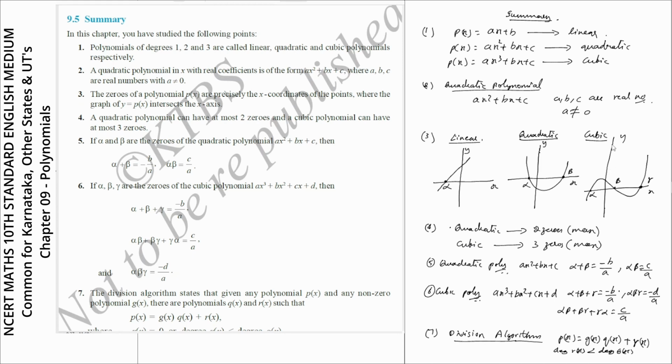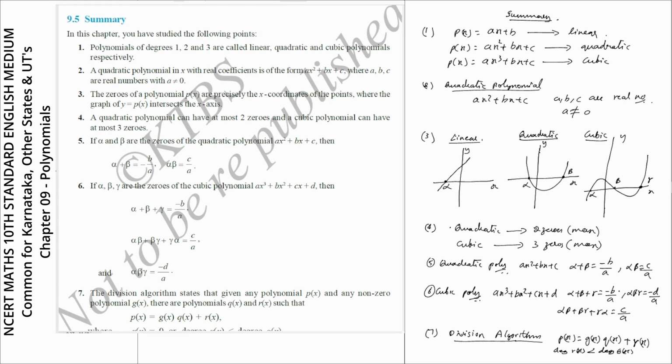And a cubic polynomial may intersect at 3 points, let us say alpha, beta and gamma. Here also, it is not necessary that it always intersects at 3 points. Sometimes it may intersect at 2 points, sometimes at only 1 point. In the fourth and fifth points they have mentioned that a quadratic polynomial can have at most 2 zeros and a cubic polynomial can have at most 3 zeros.